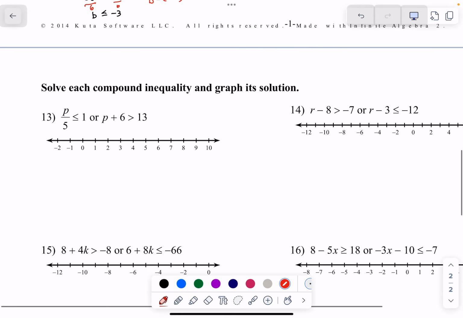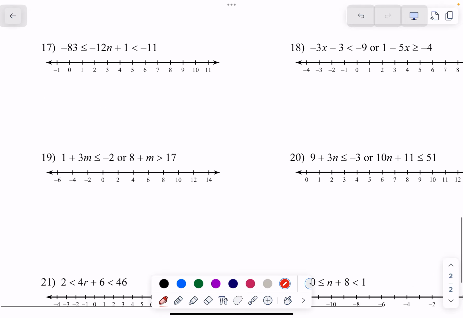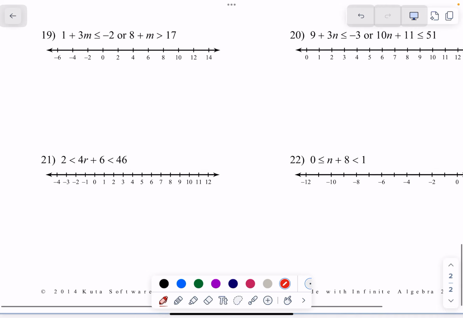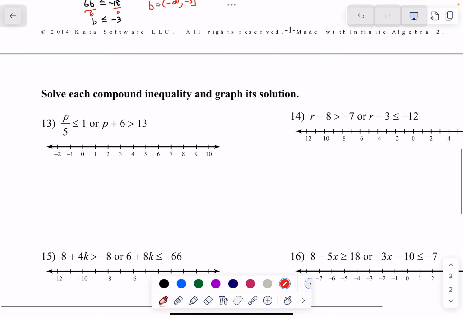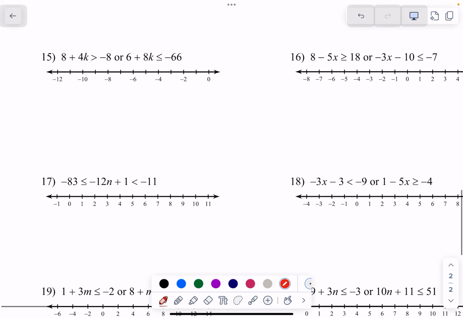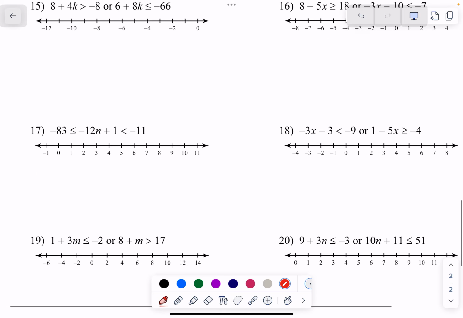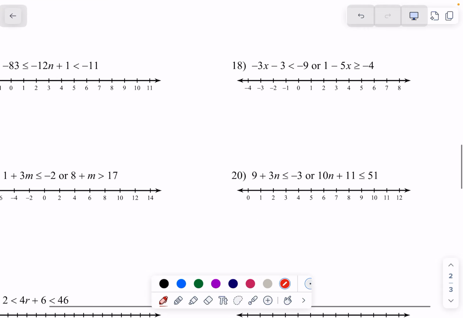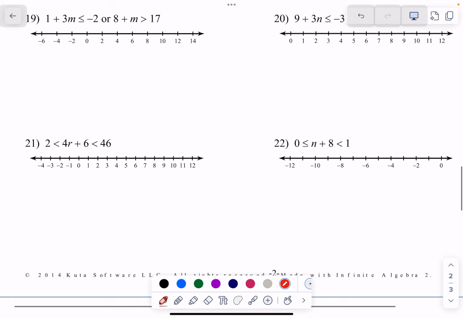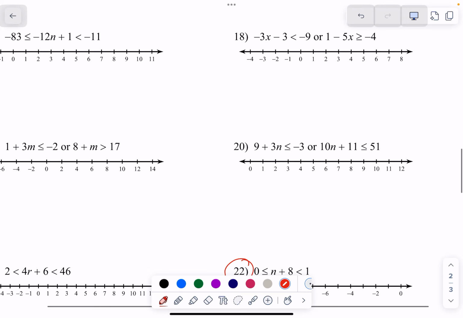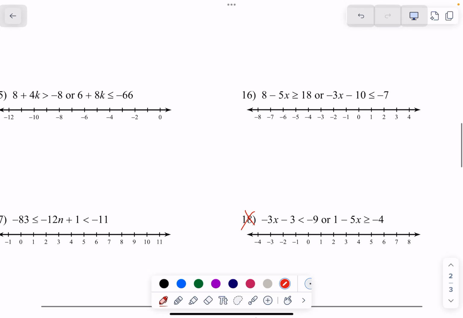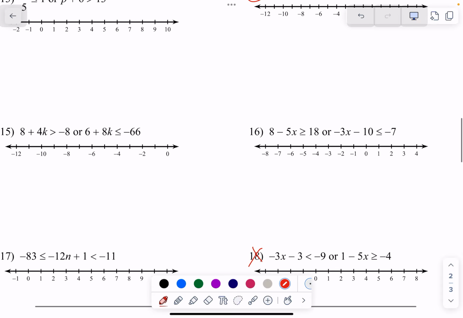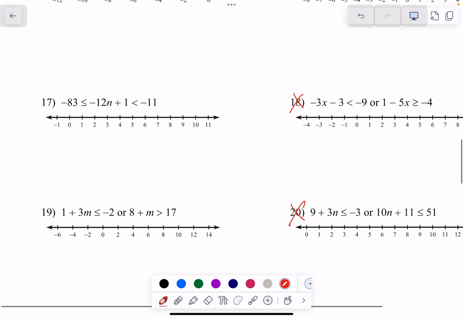Okay. Now, the last ones on the page are compound inequalities. We haven't talked about them a lot, okay? So I really only want you to do on your own 14 and 22. Okay, so you can skip 16, 18, and 20.